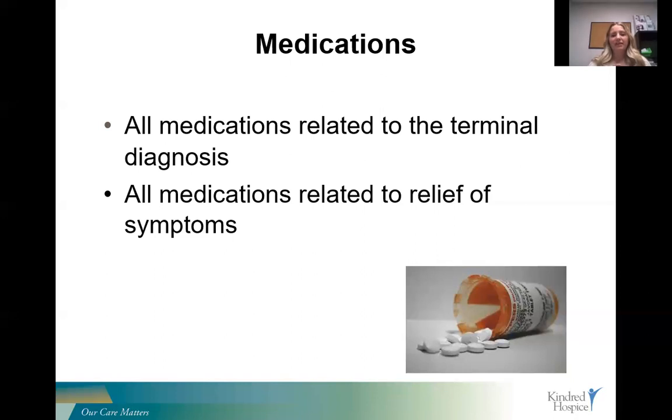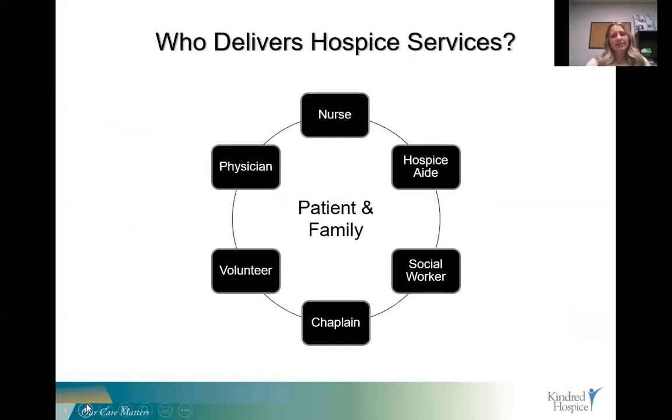If you ever had those services in place, just be really open and ask your nurse, who should know what those medications are that are covered. And if they are prescribing anything for relief of symptoms, all of those medications would be covered as well. We always say you should see less or the same pharmacy bill if you see a pharmacy bill, never more when hospice gets involved.